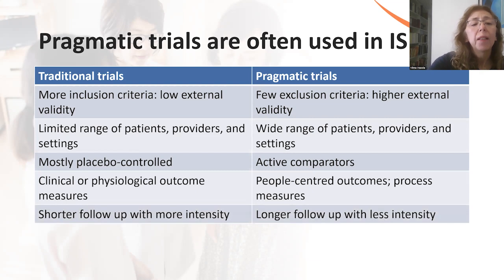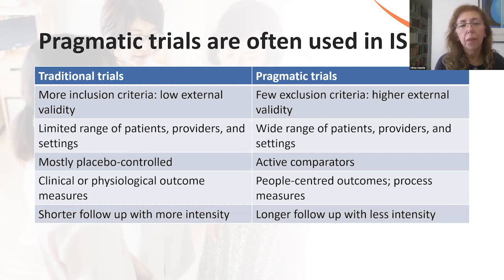In general, in traditional trials, the follow-up is shorter and more intensive. In pragmatic trials, the follow-up period tends to be longer, for example, when our research question includes factors associated with sustainability, and less intensive to make them more feasible, again, in real life conditions.